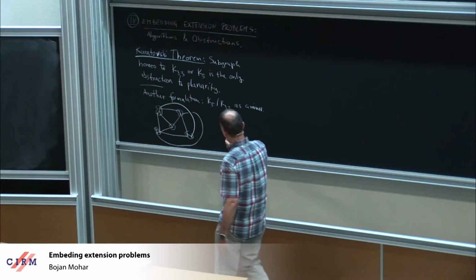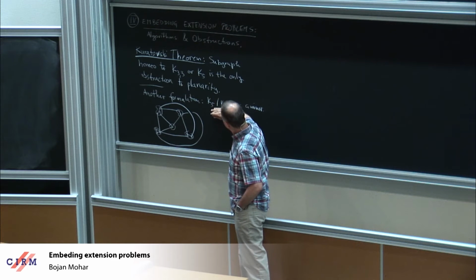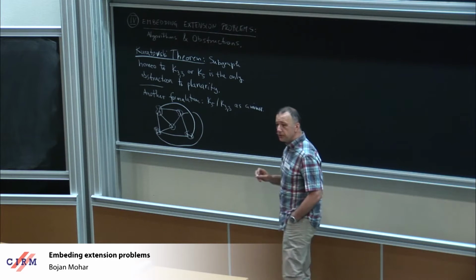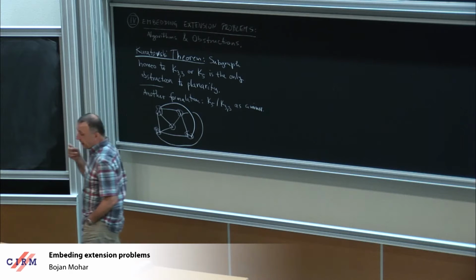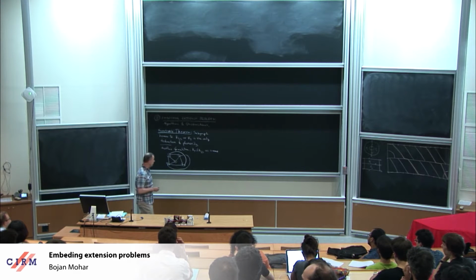So you can say forbidden as a minor or as a subgraph. It is not true that if you have K5 as a minor, you have K5 as a subdivision in your graph, or vice versa.